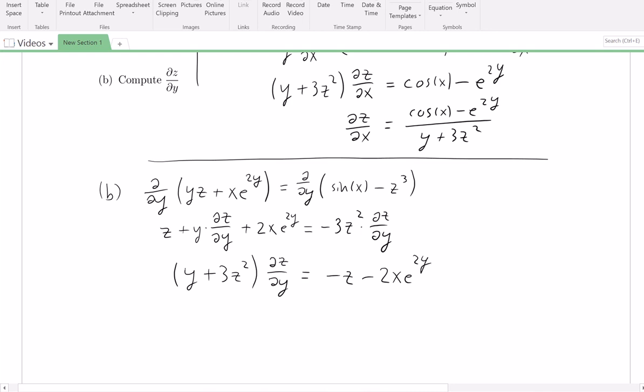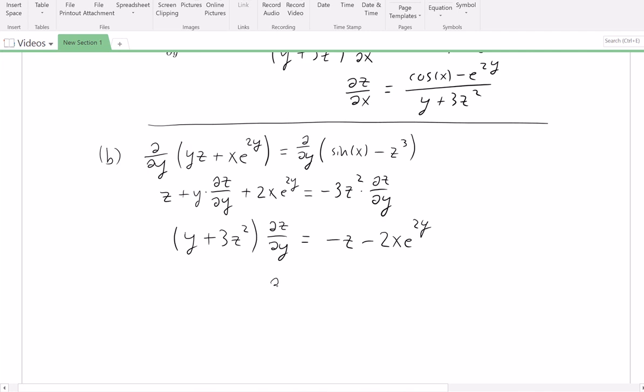And finally just divide and we're done. So partial z, partial y equals, I'm going to factor the negative out of this, and just put the negative on the whole fraction. And there we have it. Here is the derivative of z with respect to y.